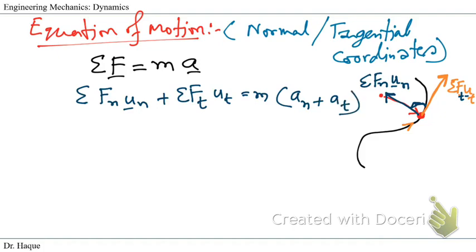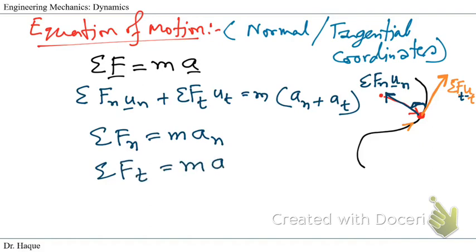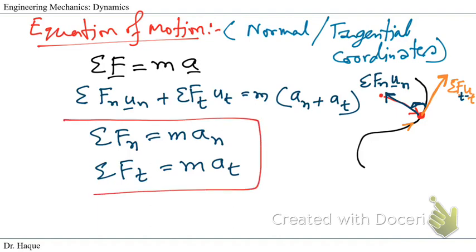If we solve this equation taking the same unit vectors together, we'll have the summation of all the force in the normal direction equals mass multiplied by normal acceleration, and the summation of tangential force equals mass times acceleration in the tangential direction. So these are the two equations we're going to use for the normal and tangential coordinate system.